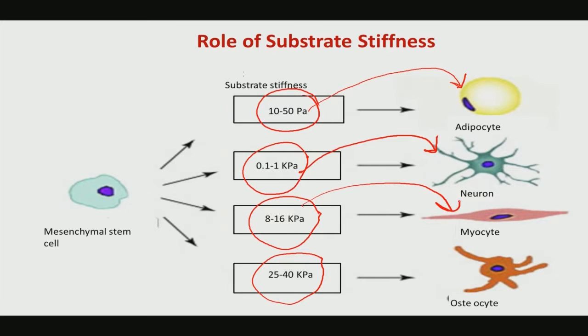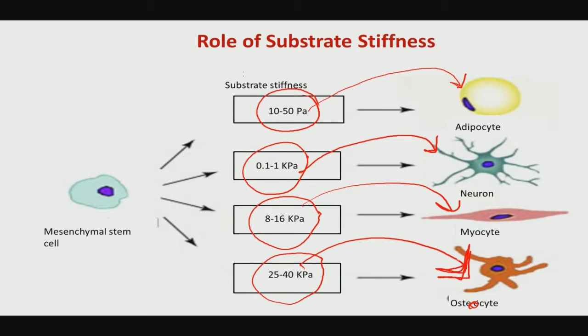At 8 to 16 kilopascal, myocytes, and at 25 to 40, osteocytes, that is, mature bone cells. So essentially, to guide differentiation to the osteogenic lineage, or to induce osteogenesis, you need substrate stiffness much higher than what you need for neurogenic differentiation or adipogenesis.